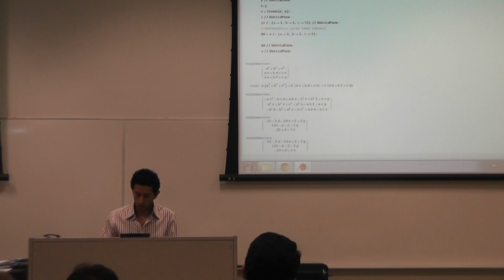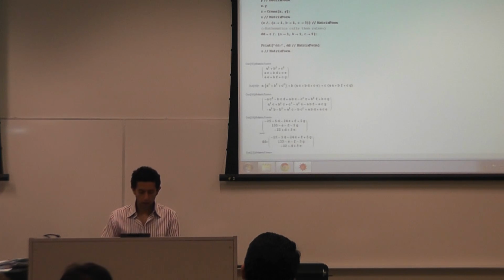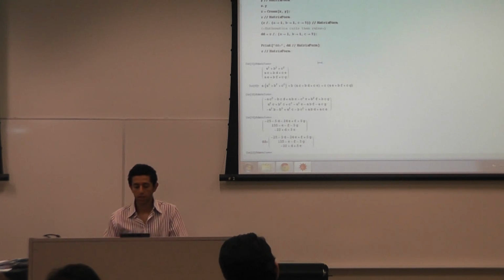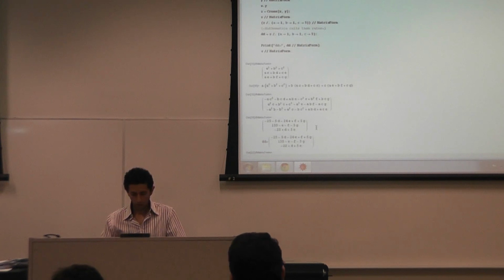If you want to make things look pretty, print dd, comma, dd in matrix form. I think that's how you do it. Shift enter. And you say here dd is equal to this. So you separate your entities by commas, and you get everything that you want.